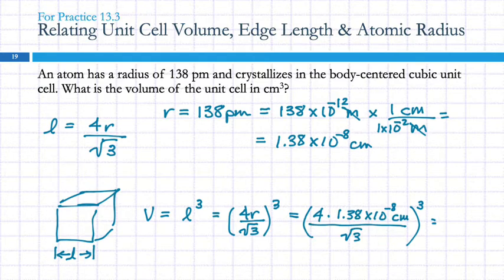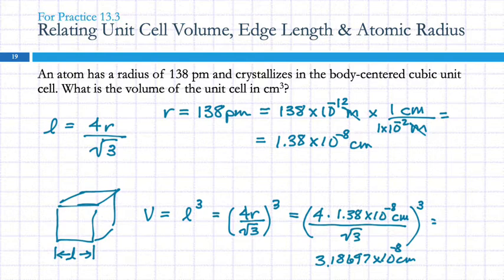4 times 1.38 EE minus 8. And divide that by the square root of 3. So that's 3.18697 times 10 to the minus 8 centimeters.